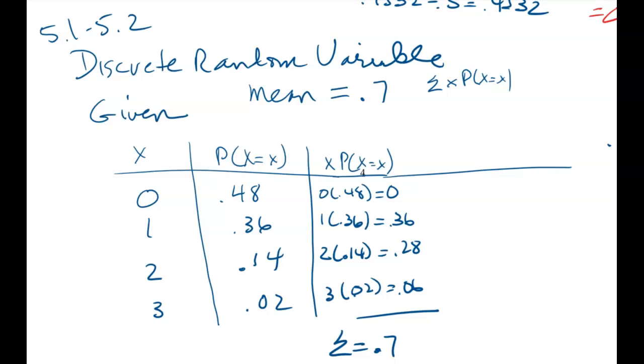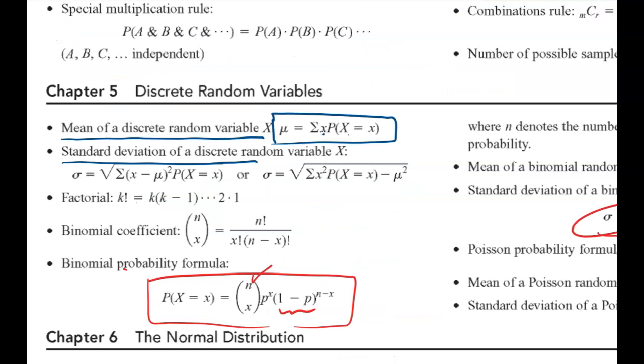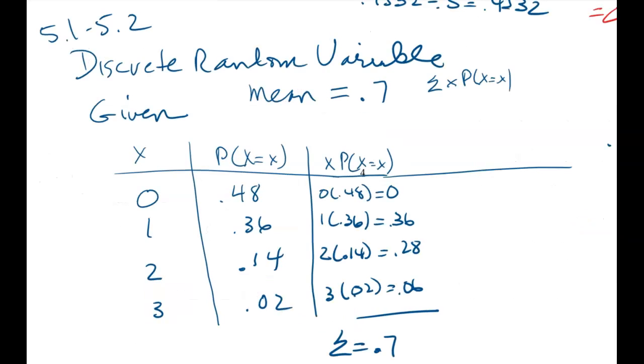All right, we need the mean for the standard deviation, which is a bit more complicated. You can use either formula, but I like to use the first one. I have to take each x, subtract the mean, square it, then multiply it by the probability.